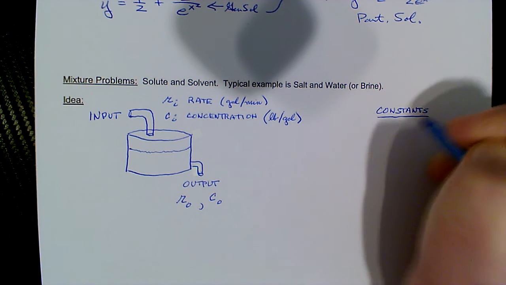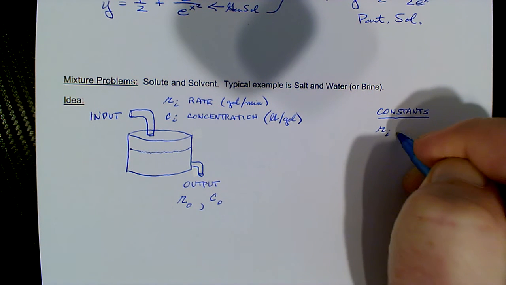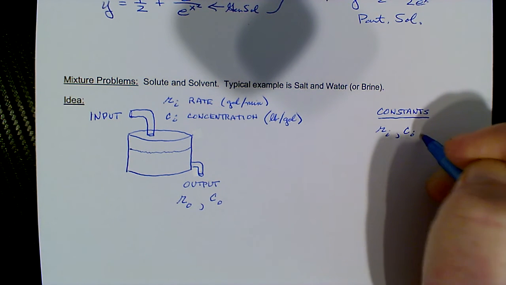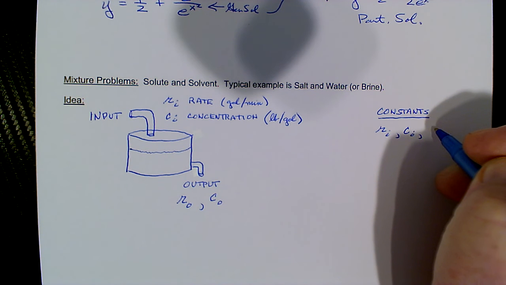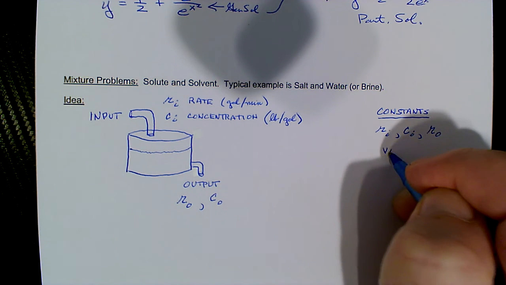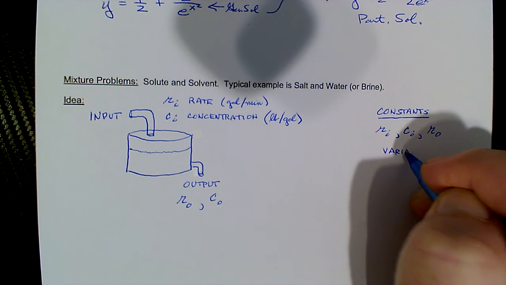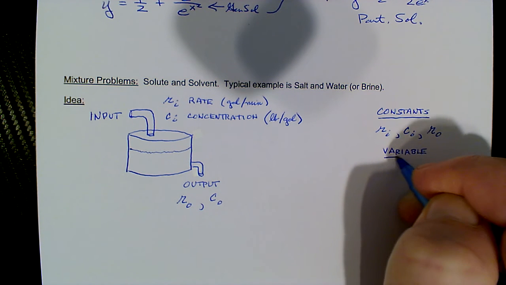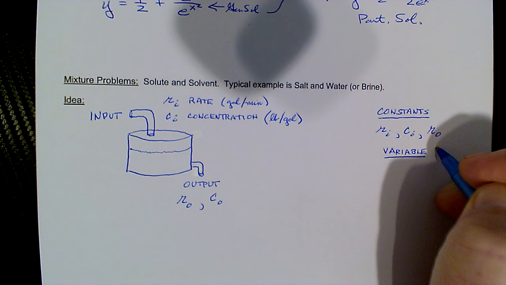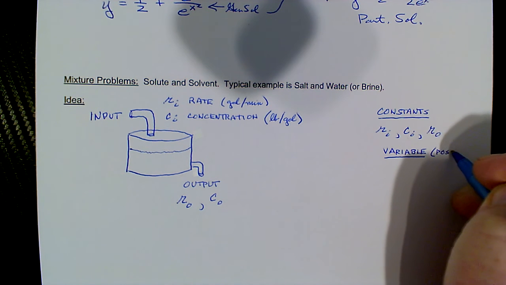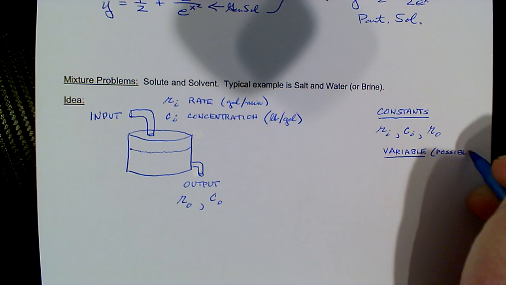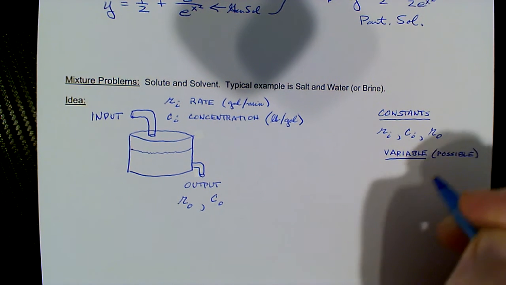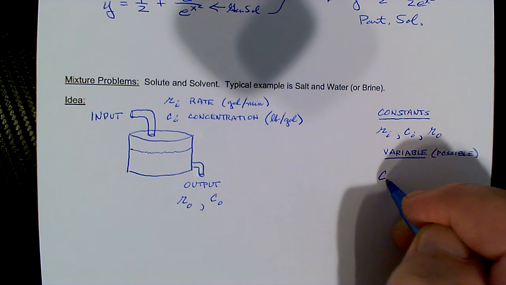So the constants are the rate in, the concentration in, and also the rate that it's coming out. But the variable, could be variable, could be constant as well. So let me say variable possible is the concentration coming out.